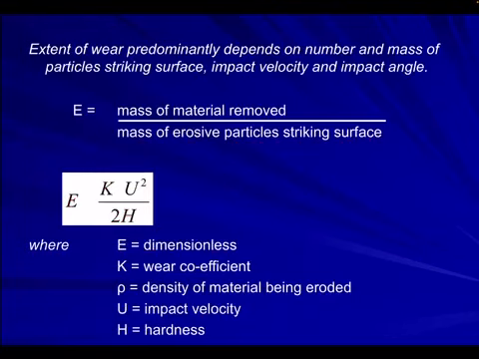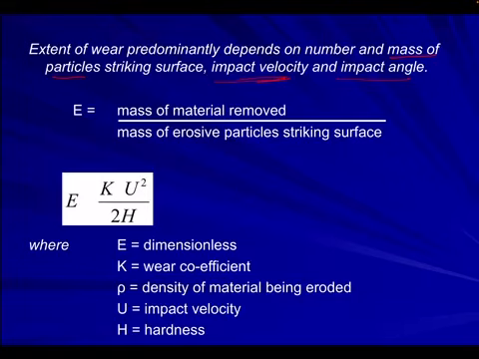Then the extent of wear predominantly depends on the number and mass of particles striking the surface, impact velocity, and impact angle. So it's the mass of your particles, the impact velocity, so how fast they come, and at what angle they come.